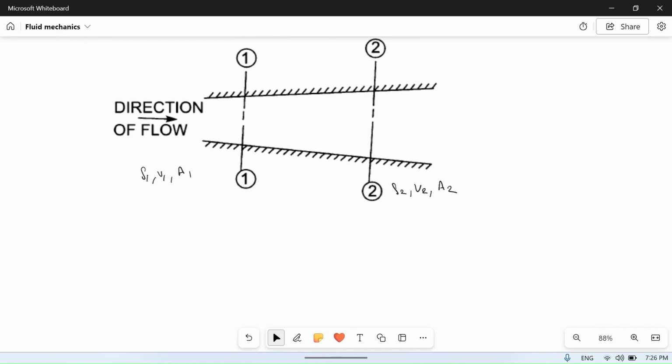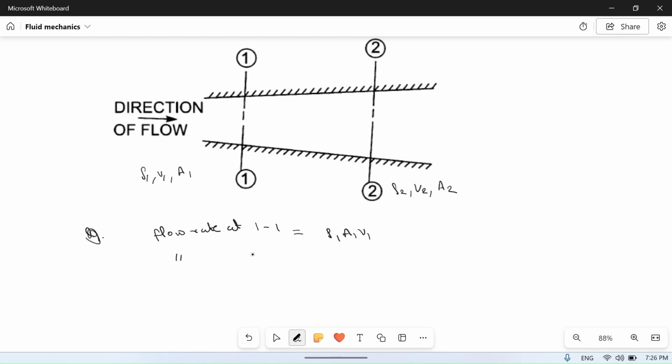So mass flow rate at 1 is equal to ρ1 a1 v1.